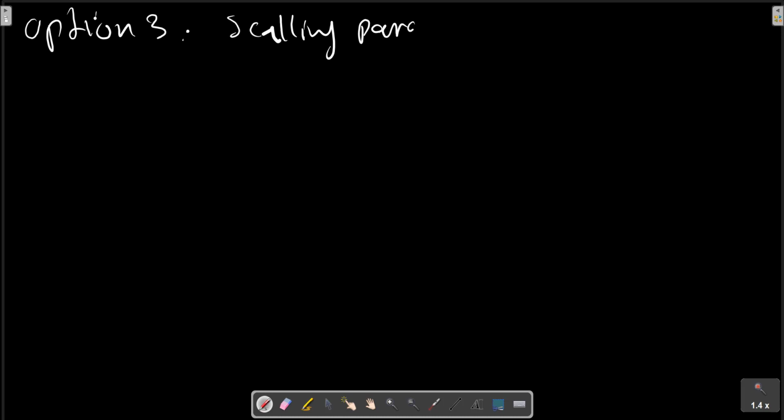The option 3 is option 3, scaling parameters S0 and G. The effect of initial speed.